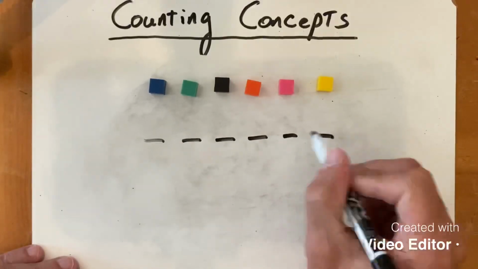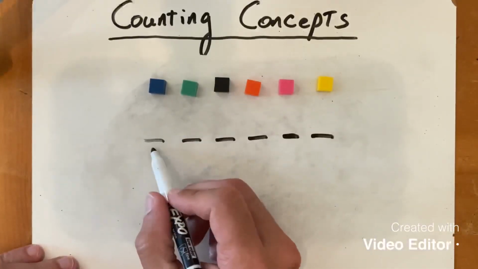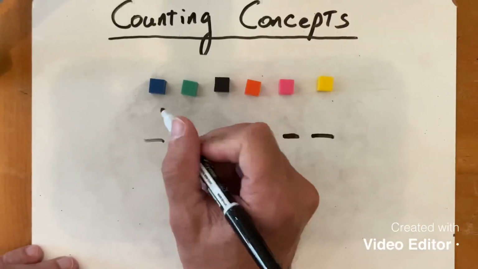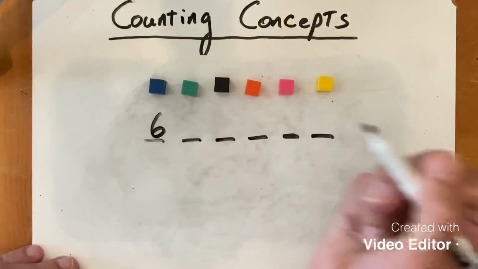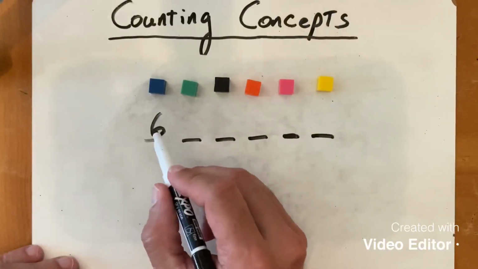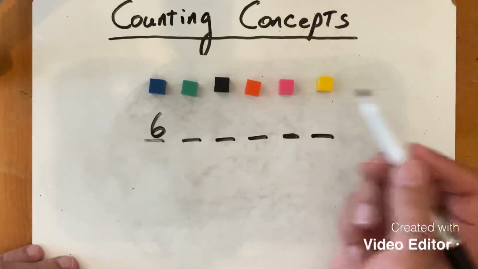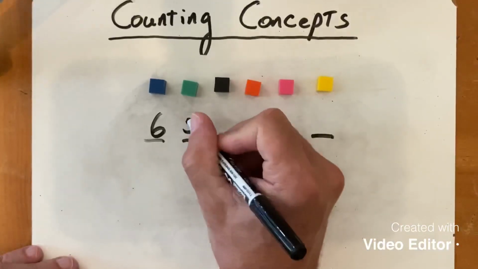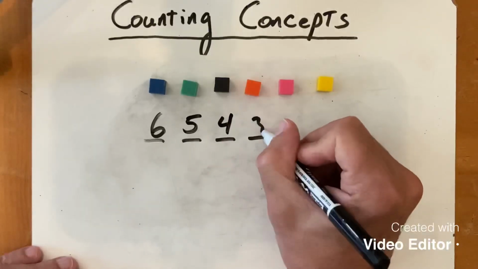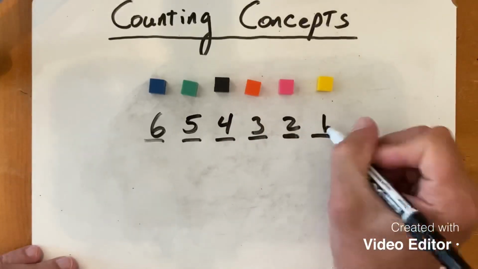For the first slot, how many pictures do I have to choose from? I've got 6 different pictures that I can put in that first position. Once I place that one picture, I only have 5 pictures left to choose from, so I've got 5 choices for the next slot, and then 4 and 3 and so on.